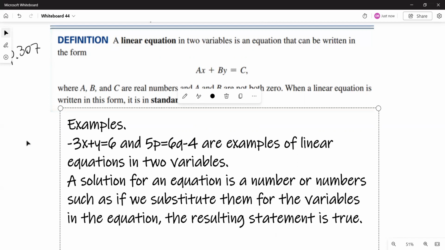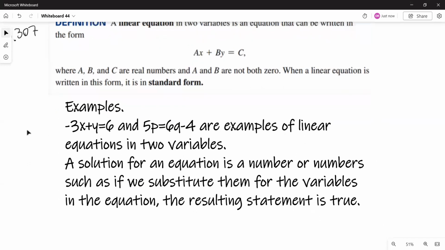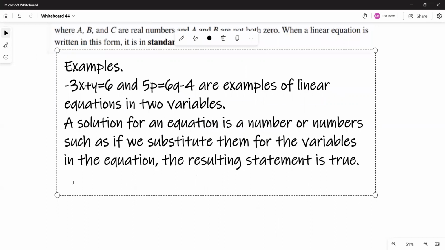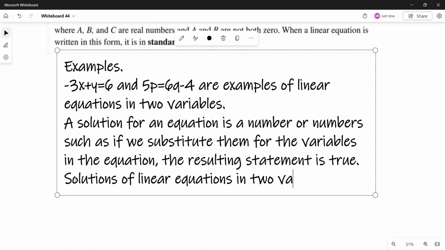Okay, so we're going to be working with linear equations in two variables, and solutions of linear equations in two variables are ordered pairs of numbers.